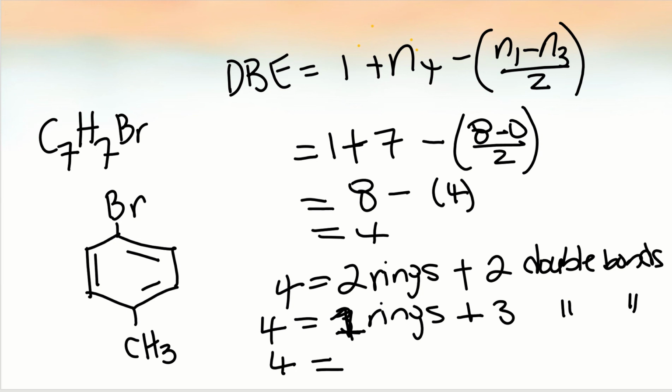All right, so it could be 3 rings and 1 double bond, for example, right? At the end of the day, 3 plus 1 is equal to 4, 1 plus 3 is equal to 4, 2 plus 2 is equal to 4. And as I said, it could be 4 rings, right? As well as it could be 4 double bonds, right? So that's what it means.